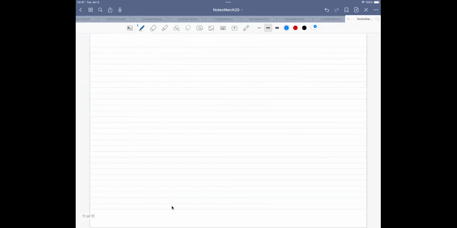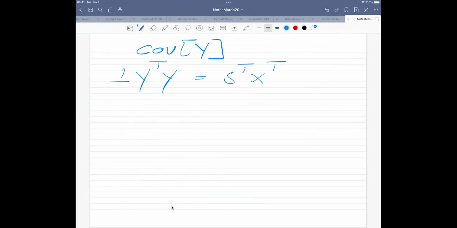And this would now be the covariance of Y. So where this Y is actually given by Y transpose times Y, which is the same as S transpose times X. So this is 1 over N, and this is now 1 over N here, X transpose times X times S. And this is the diagonal matrix.